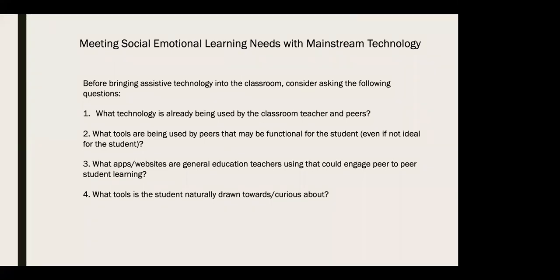Those are all the questions we ask ourselves when we take this inquiry into meeting a student's social emotional learning needs with mainstream technology, just bringing that whole person lens to technology evaluation.